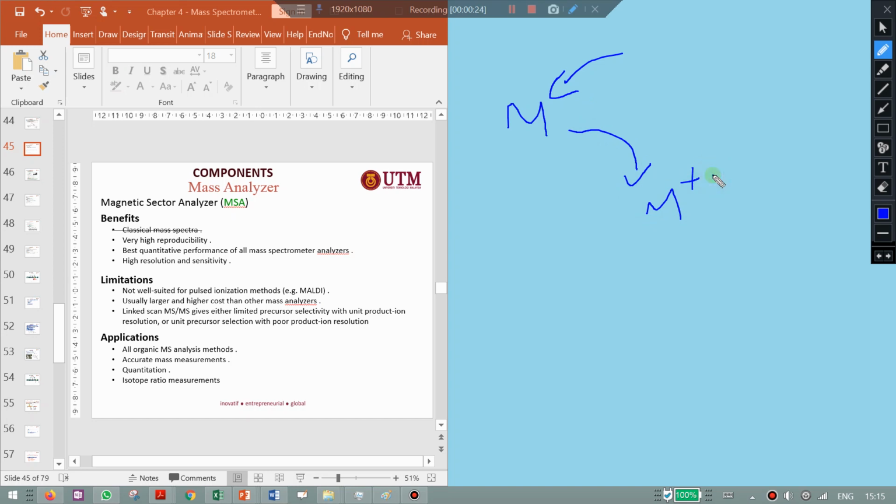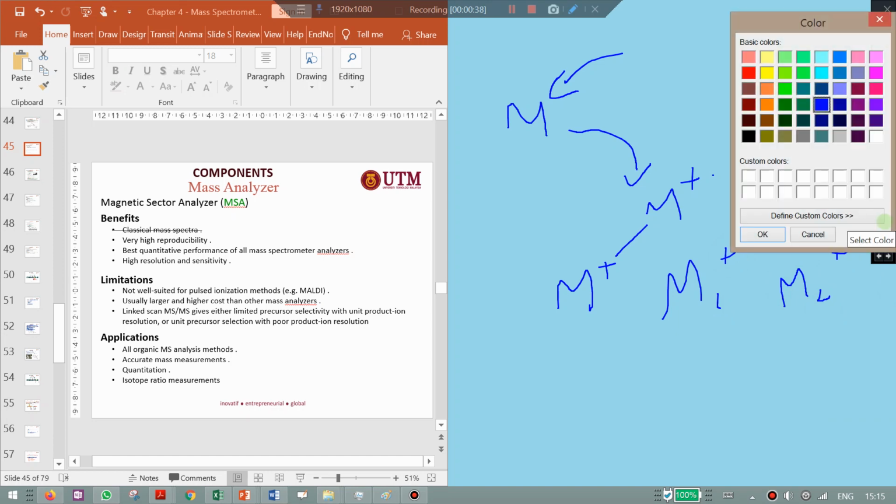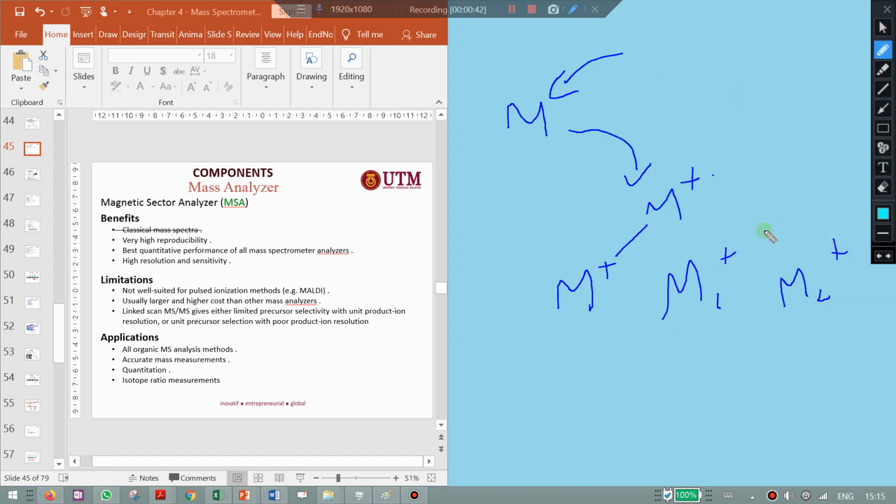Here we will have the molecular ion, and you will have the fragment ions, for example M+1, M+2. This is the first part of MS. This here is the normal process in GC-MS or HPLC-MS.